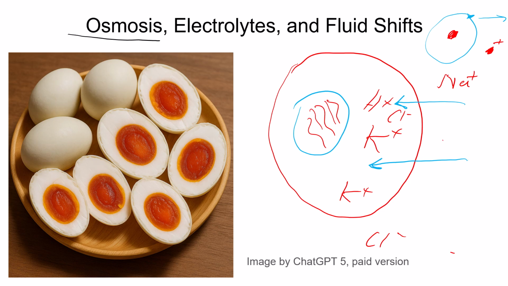Now I have here on the left a picture that I created with ChatGPT, and this picture shows a popular food in Cambodia. In Cambodia, it's popular to take duck eggs and then immerse them in a very salty solution, right? Do you remember what chemicals are in salt?